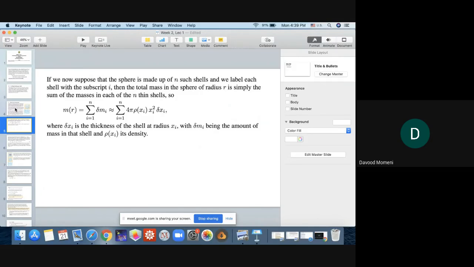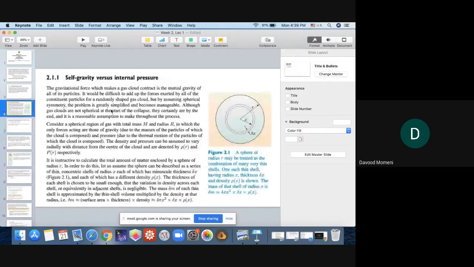Okay, we talk about the internal part. The particles inside this cloud have a gravitational interaction, so they make internal pressure. What is the external pressure outside of that? In this whole process there is no pressure outside.